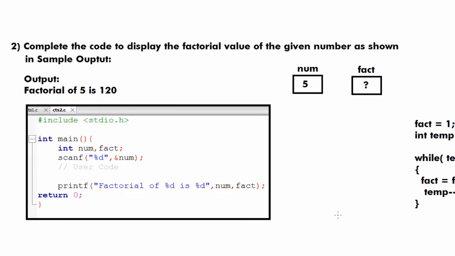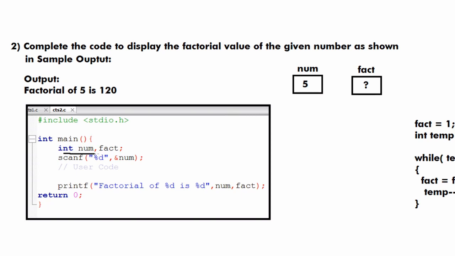Our next question is: complete the code to display the factorial value of a given number as shown in the sample output. If the input is 5, then the output will be "Factorial of 5 is 120". You are given this code, and in this code you will have to write your logic to find the factorial of the given number. Some lines are already given.